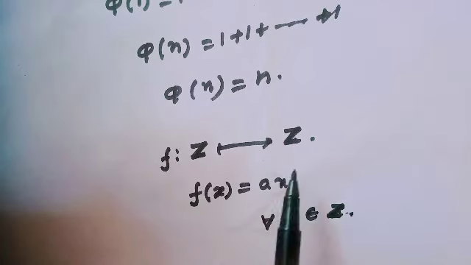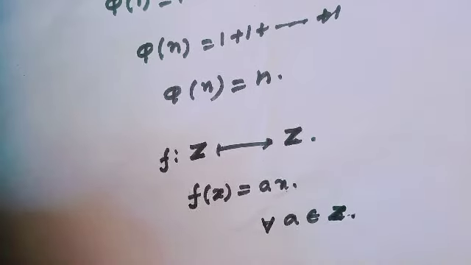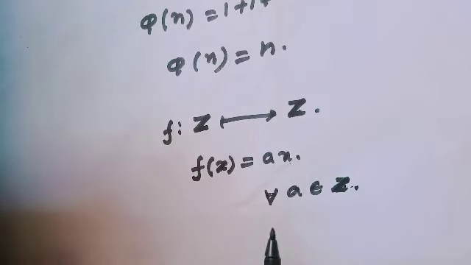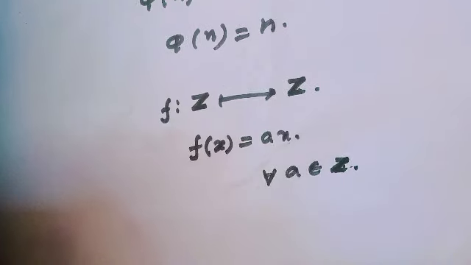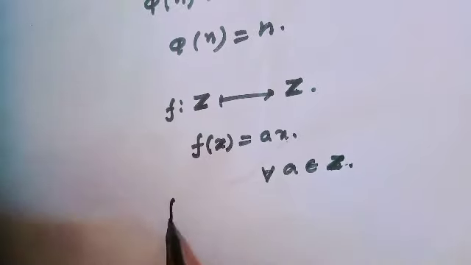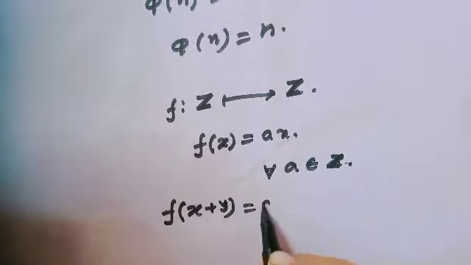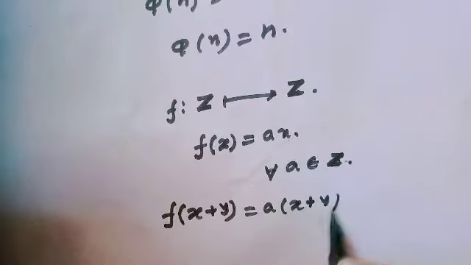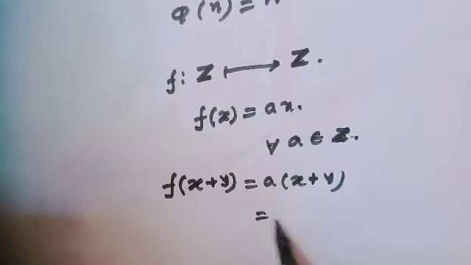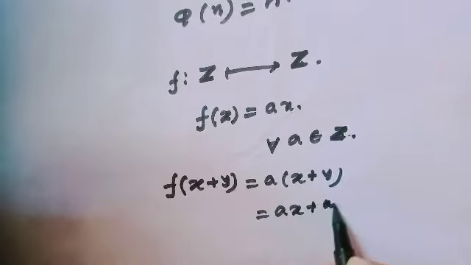Now consider a mapping f from integers to integers, and I have defined the general form f of x equal to ax, for all a belonging to the integers. Now my question, is this mapping a ring homomorphism? Here f of x plus y equals a times x plus y, which is equal to ax plus ay.